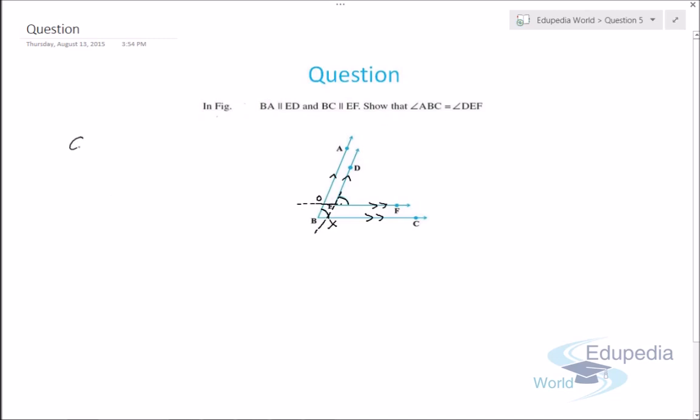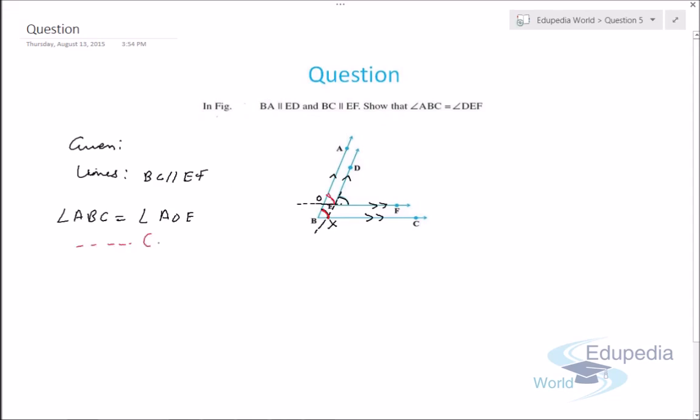It's given that line BC is parallel to EF. So we can write angle ABC is equal to angle AOE, means this angle is equal to this angle AOE. Why?